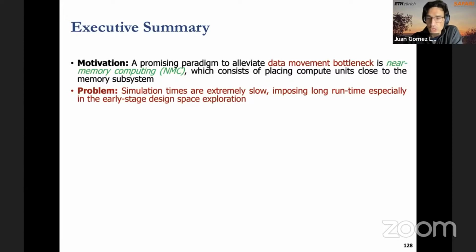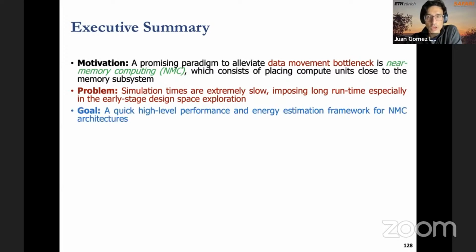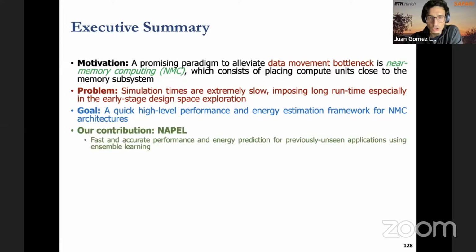For example, if you want to try new architectural ideas, or, as I said before, if you want to explore the processing in memory suitability of a particular workload, simulation might take too long for our goals. So our goal in this work is to provide a quick high-level performance and energy estimation framework for processing in memory architectures.